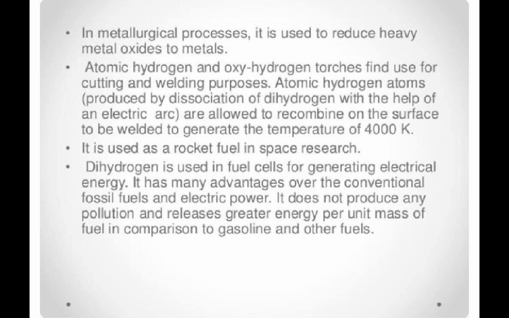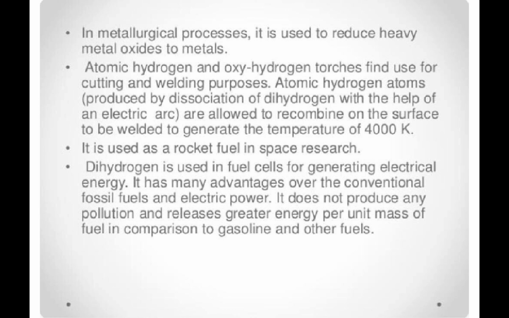Mainly, as I said before, to reduce heavy metal oxides, we can manufacture metals. Then it is also used in space research as a fuel, rocket fuel. Then it is used in fuel cells for generating electrical energy.